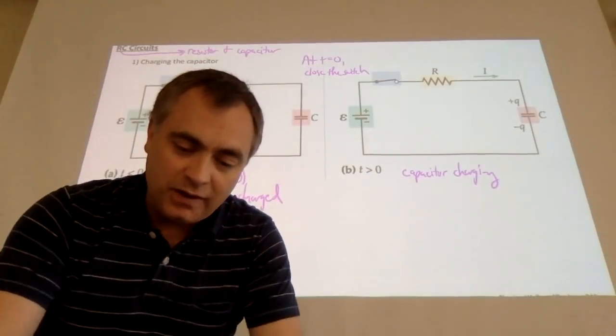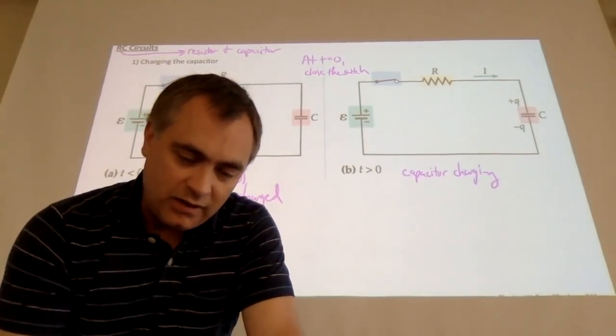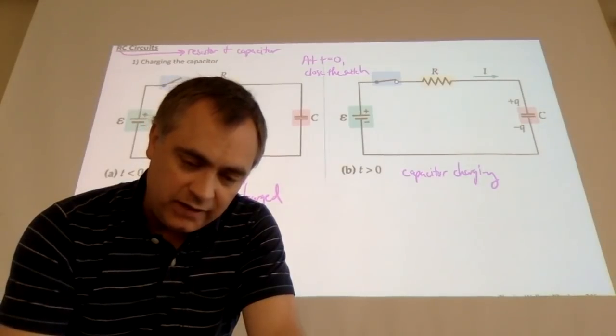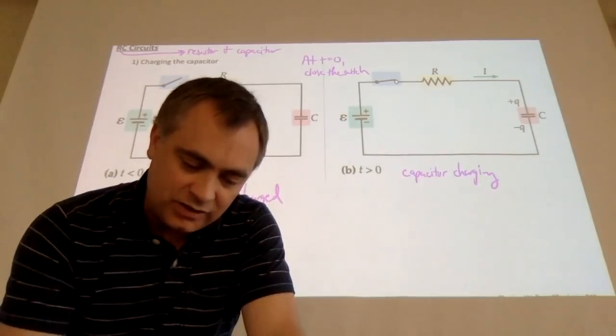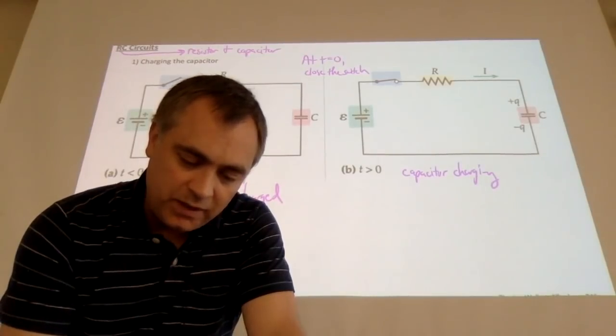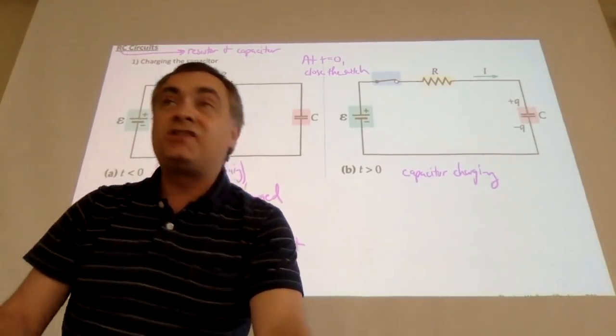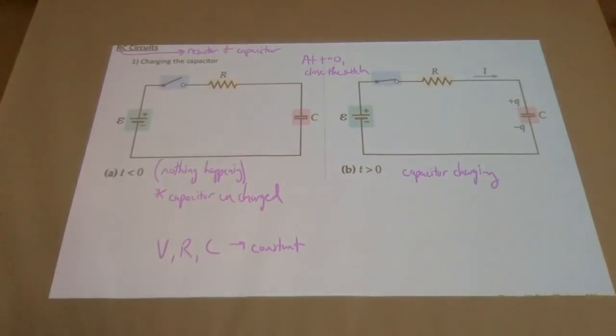So what's going to happen in these circuits is that the potential V, the resistance R, and the capacitance C are going to be constant values. They are fixed things in the circuit. The battery has a certain potential. The resistor and capacitor are physical things that have a value.